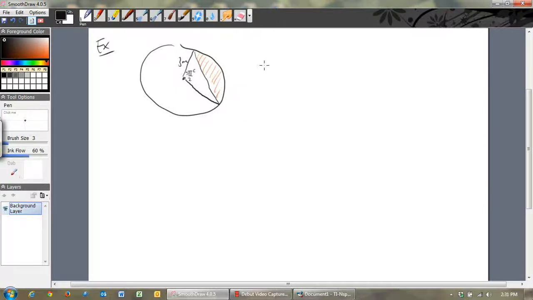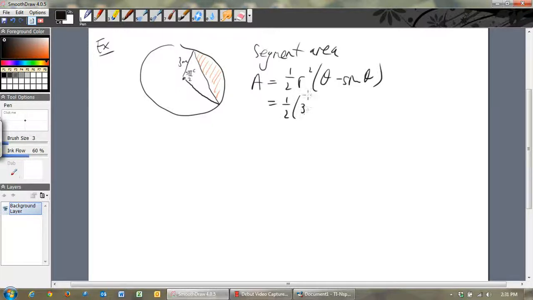Okay, and so what we've got, if we're at the segment area, again, plug in formulas. Segment area A is equal to, so the formula is half r squared, theta minus sine theta, equals half, 3 squared, 3 pi on 2.